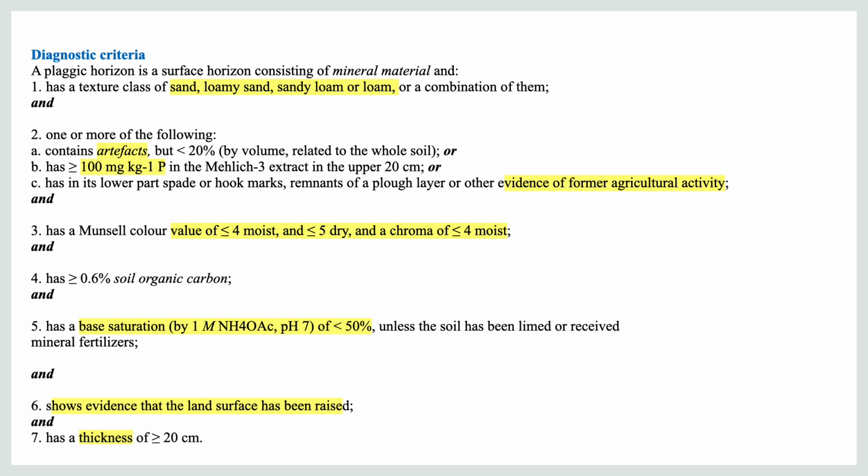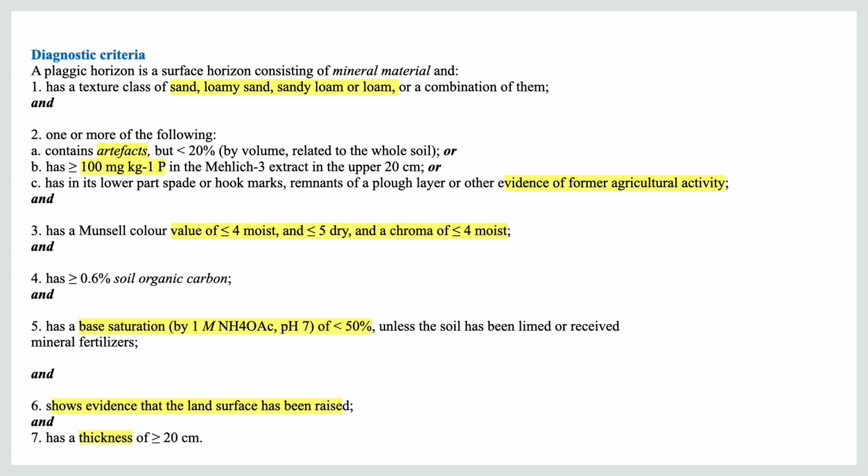Of course, we need to think humans bring material to increase soil fertility, so the phosphorus content should be high. As I said, we need to see any kind of evidence of human action, for example plow layer or any kind of mark, like spade marks or hoe marks, that express the mixing of soil. It should register a dark color, so of course a low value and a low chroma, and a content of soil organic carbon that's equal or higher than 0.6%.